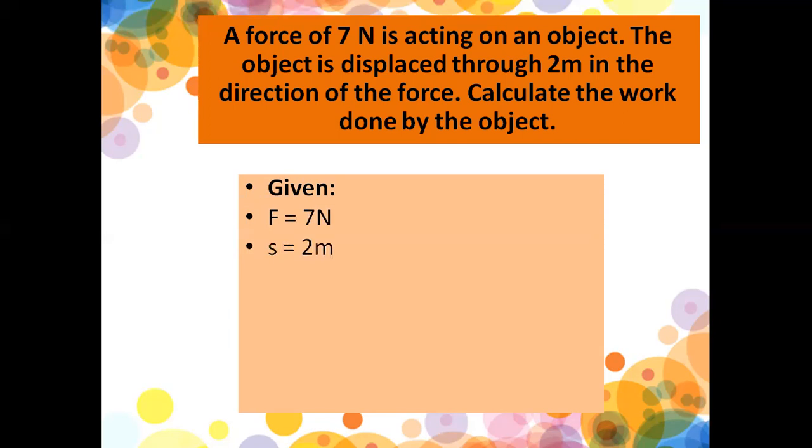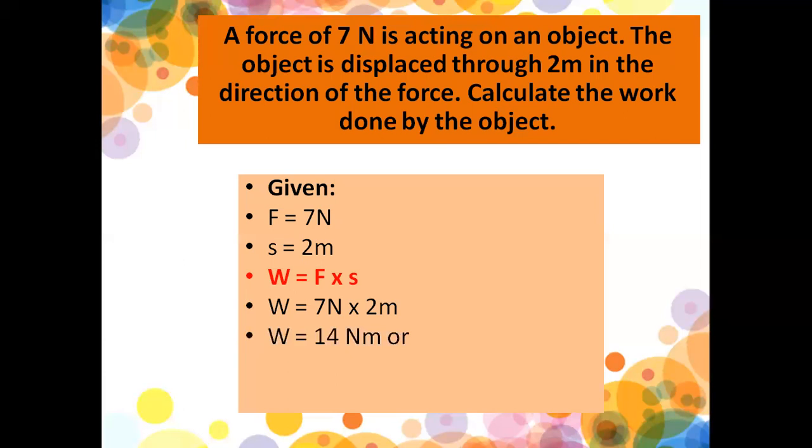Now we need to write the formula for work done. That is, work done is equal to force multiplied by displacement. Work will be equal to 7 newtons multiplied by 2 meters. We know 7 multiplied by 2 will give 14 and N multiplied by m will give Nm.